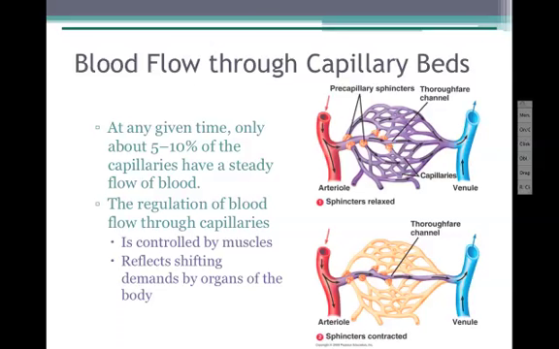If your muscles are starting to work because you're exercising, the capillaries in them are going to open up so that more blood will go into the muscles that need the oxygen and the nutrients to do the activities. So you have precapillary sphincters that control it, contract, and relax.